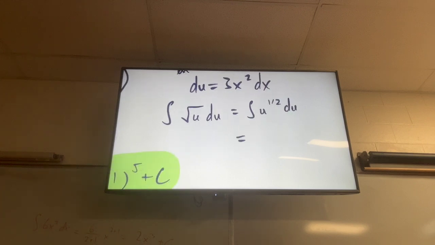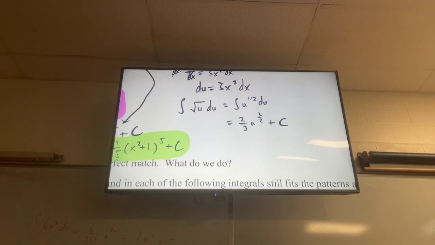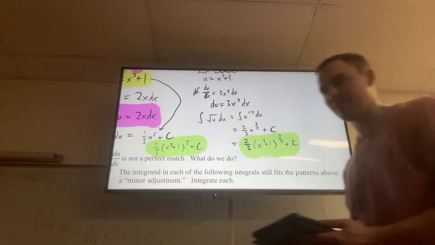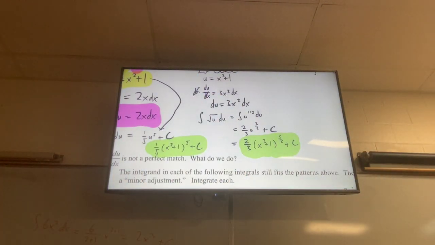If I do the reverse power rule, that gives me 2/3 u to the 3/2 plus c. We don't want any u's in our answer, so sub back in whatever expression you set u equal to. That's a u sub.